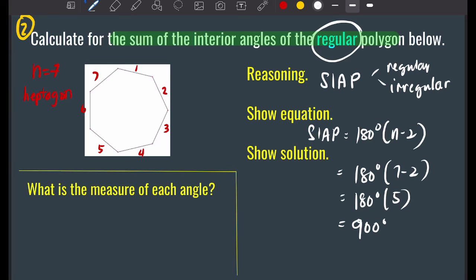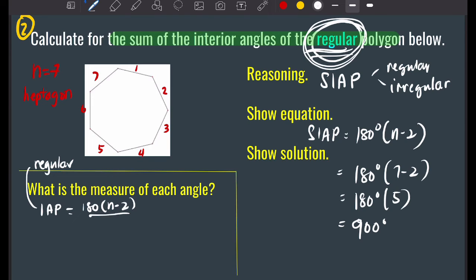Now, what is the measure of each angle? We can use the interior angles of a polygon formula because it is a regular polygon. This formula can only be used for regular polygons. So it is 180 (n minus 2) divided by n. In the other slide, 180 (n minus 2) is the sum of the interior angles.